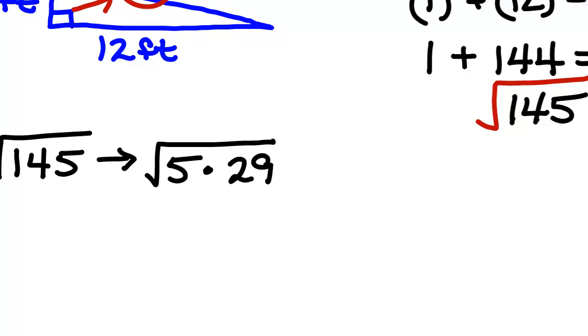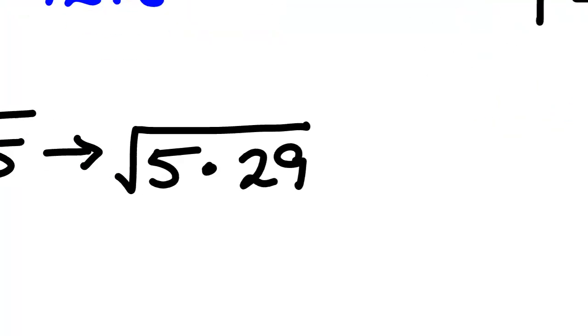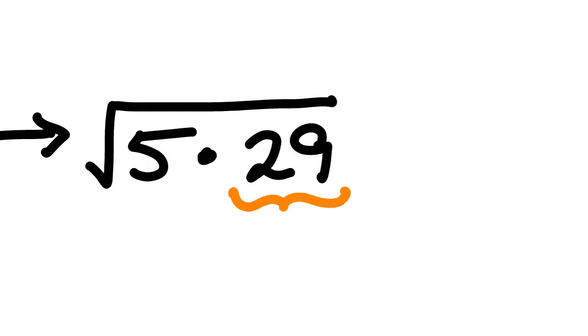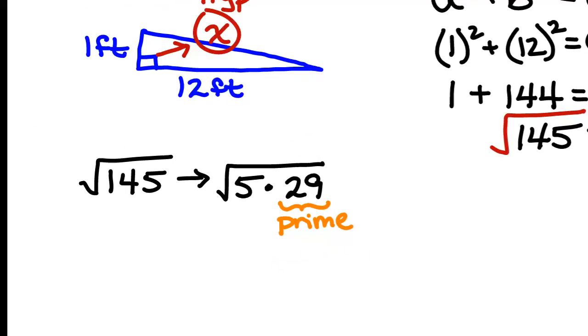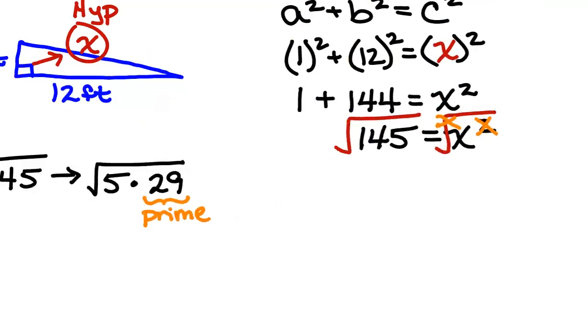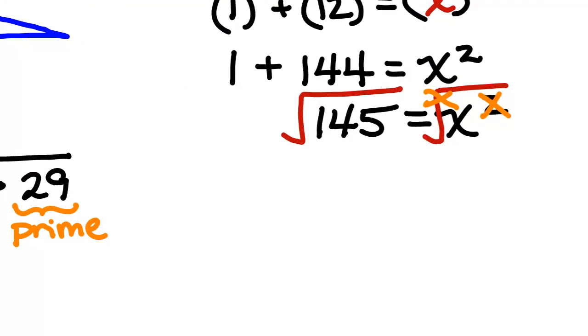What else goes into 29? Does anything else go into 29? No, 29 is a prime number. So can I simplify this radical at all? Can I find anything that's squared underneath the radical? Nope. So my final answer in exact form would just be square root of 145.